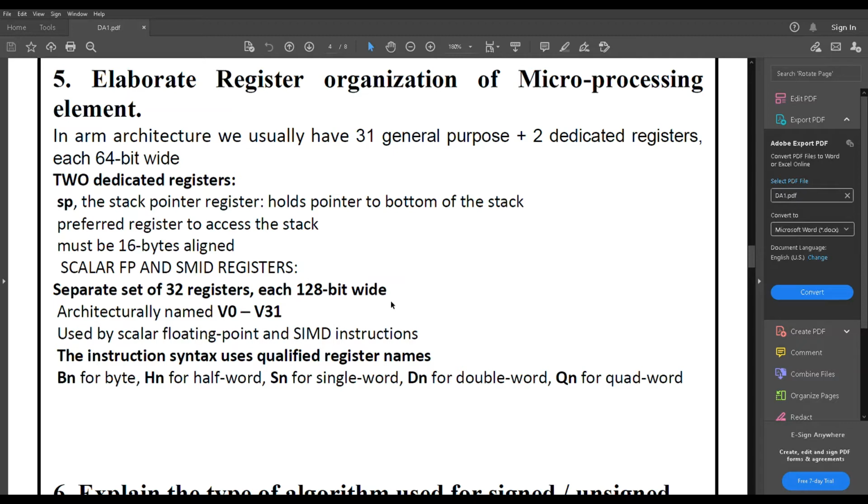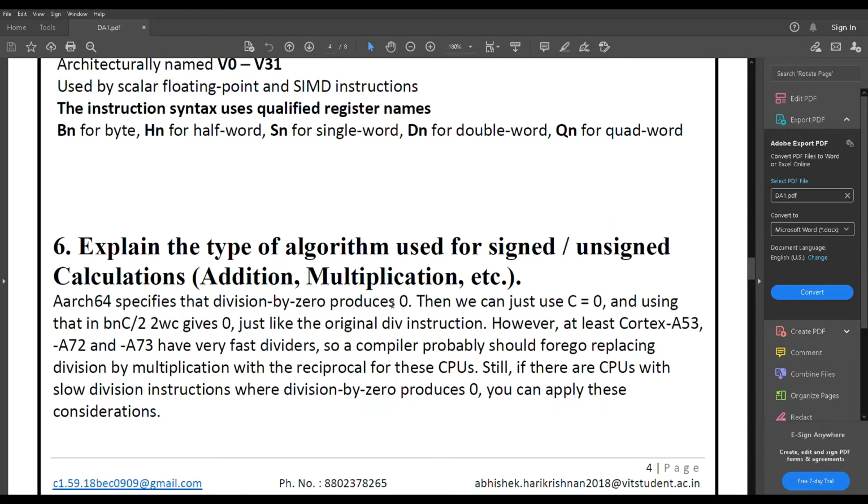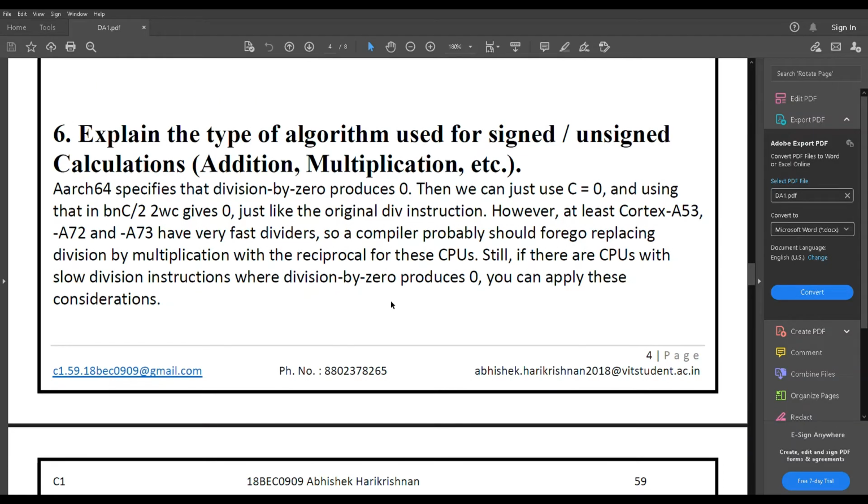In the next question, we have to explain the type of algorithm used for signed and unsigned calculations, such as addition, multiplication, or division. AArch64 specifies that division by 0 produces 0, so we can just use c equals 0 and using that in b and c gives 0, just like the original division instruction.